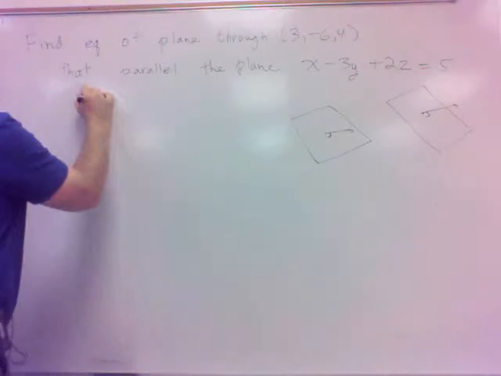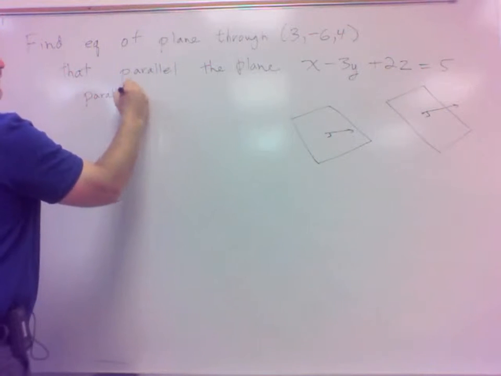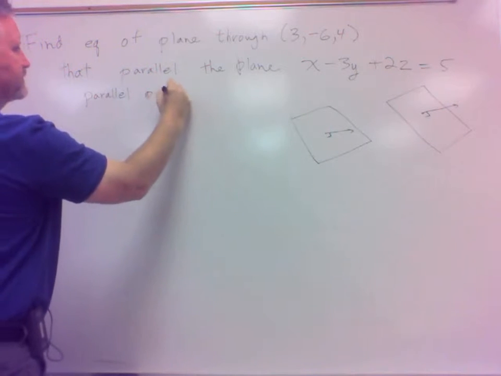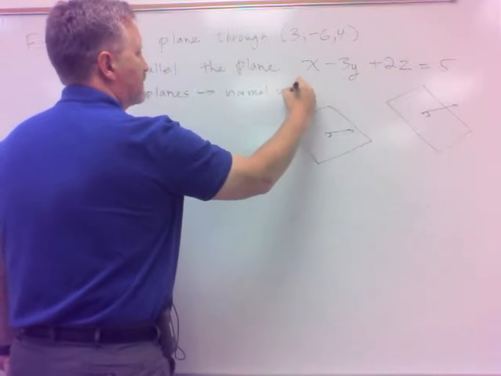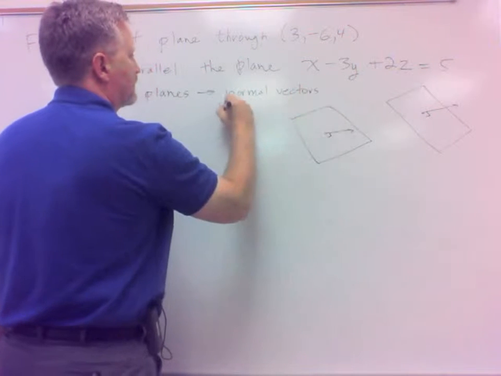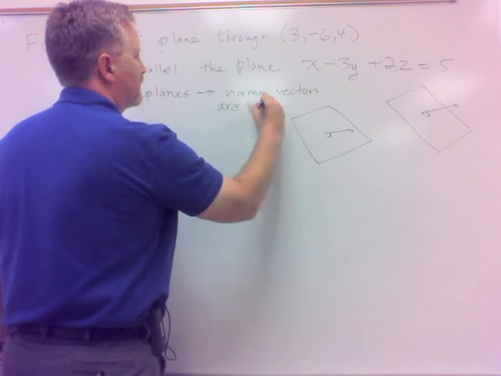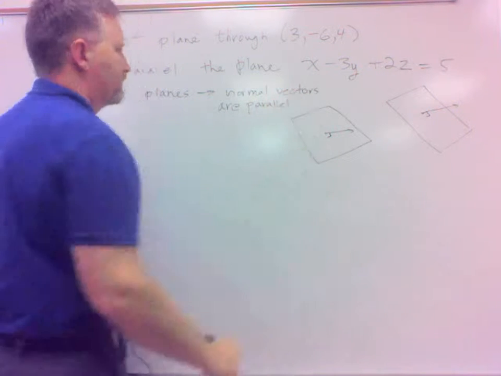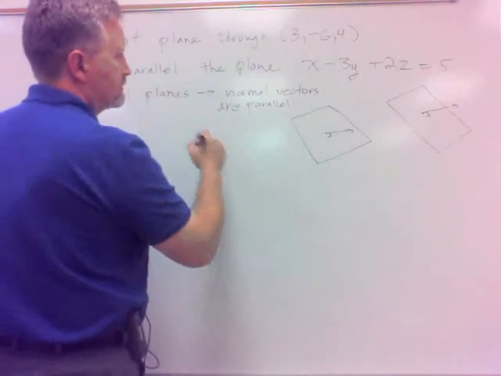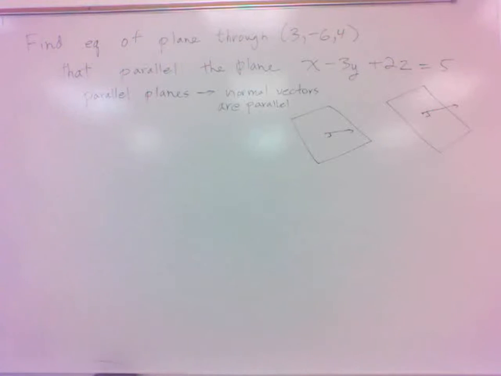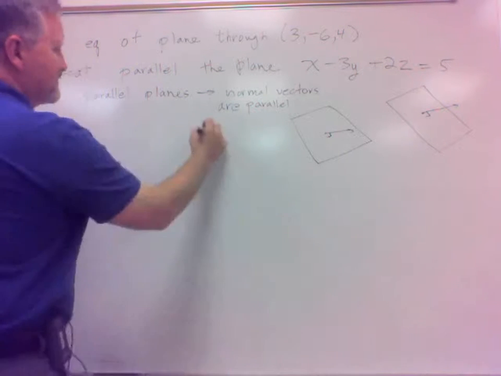So parallel planes, their normal vectors are parallel, or the same. We can actually just say, yeah, parallel, and there's a scalar multiple, so why not just say we've got the same normal vector.